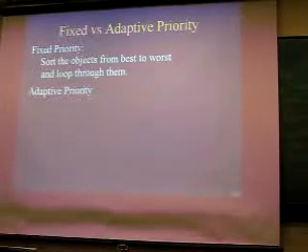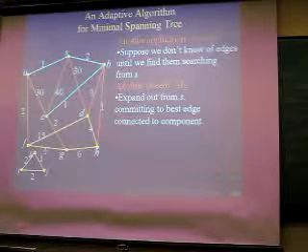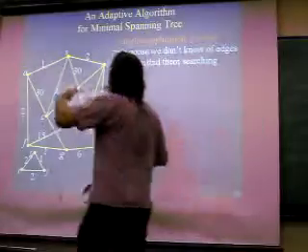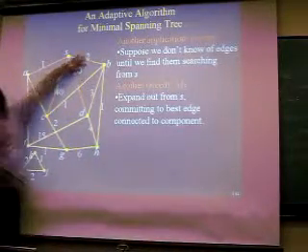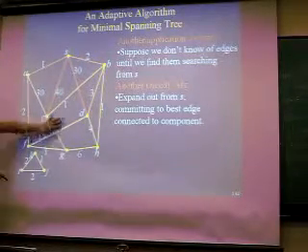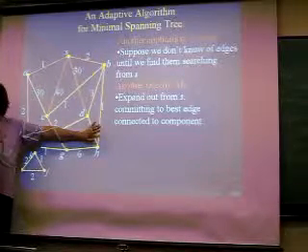All right, so let's do an example. Initially, I'm here, what do I know about? I know about these edges, right? So they're on the priority queue. These guys, all the yellow edges, have priority infinity, or I don't even know about them, right?